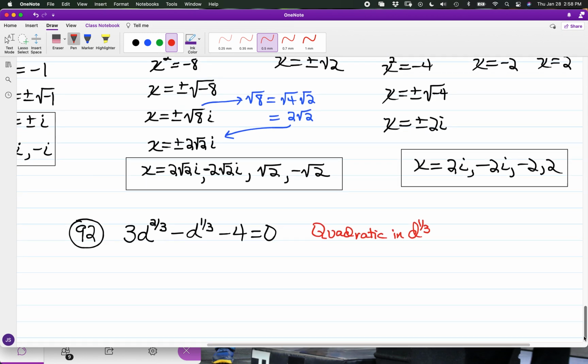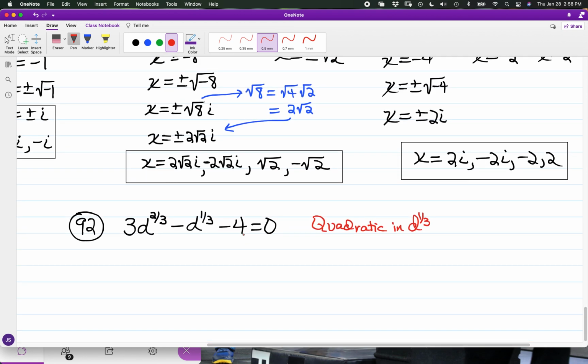And just in terms of factoring, let me give you an analog to this. If I had something like 3x squared minus x minus 4 equal to 0, with the factorization, 3 is a prime number, so 3x squared will factor to 3x and x.